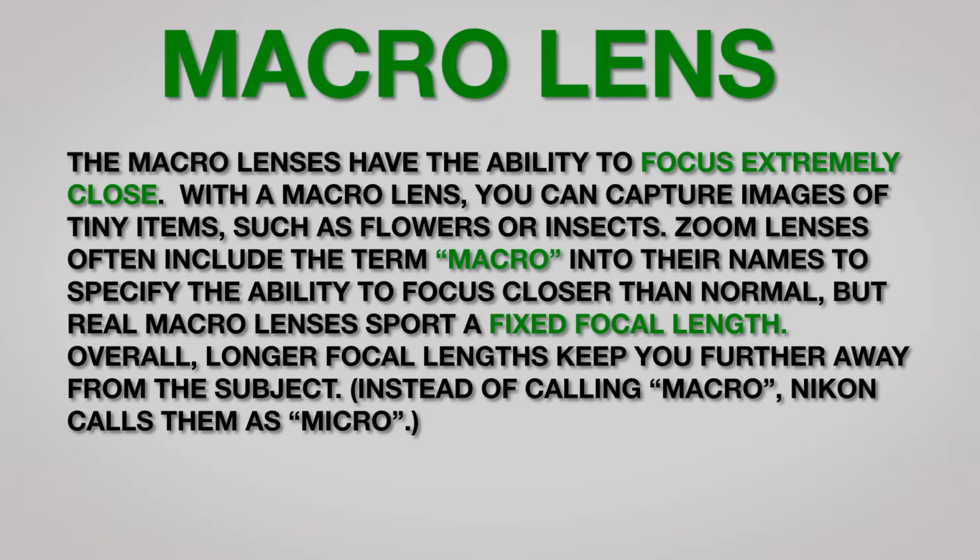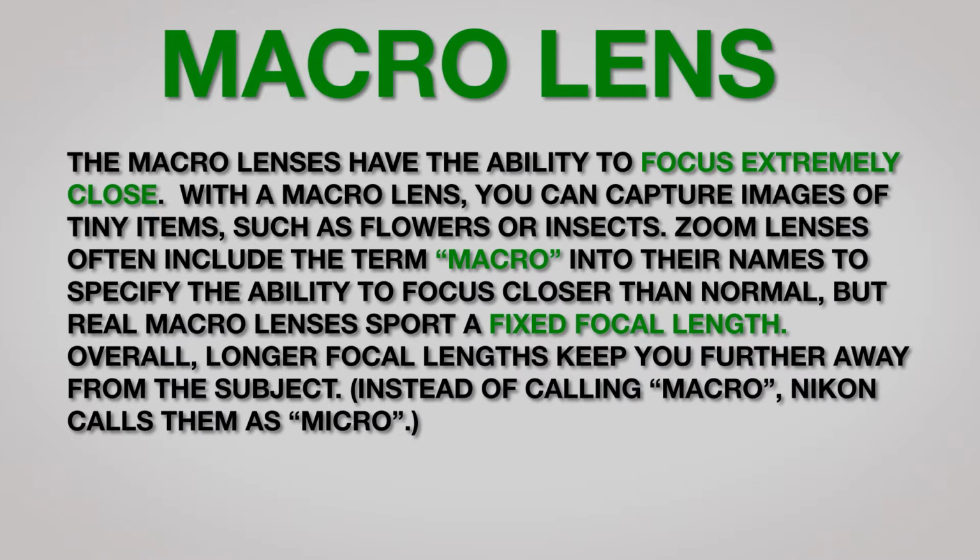Macro lens. Macro lenses have the ability to focus extremely close. With a macro lens, you can capture images of tiny items, such as flowers or insects. Zoom lenses often include the term macro in their names to specify the ability to focus closer than normal, but real macro lenses sport a fixed focal length.